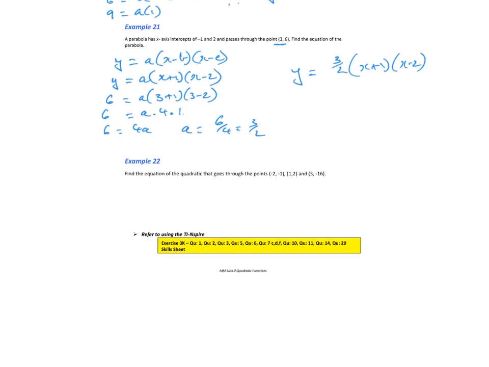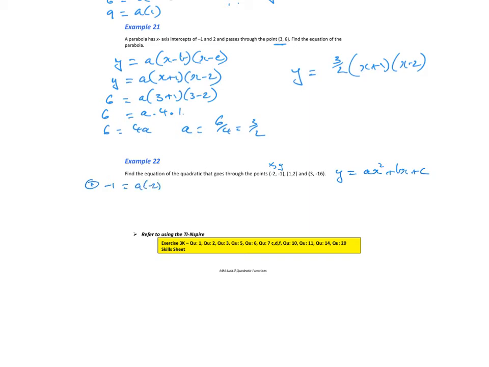Final example, we've just got 3 random points. So we really do need to probably use our calculator here. So we set up 3 equations. So the general rule, y equals ax squared plus bx plus c, and we have to substitute all 3 points in. So don't forget x, y each time. So with point 1, y is -1, and x is -2.